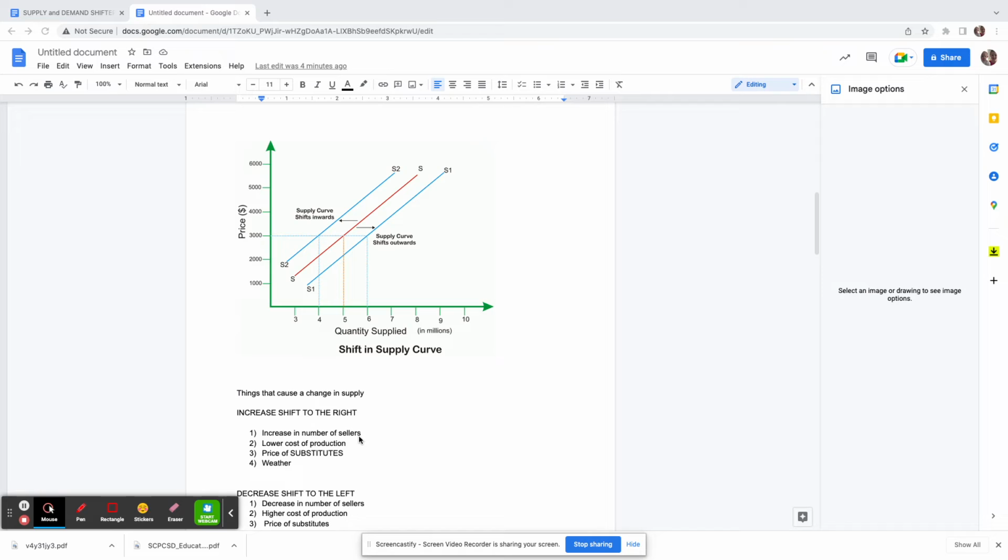Prices of substitutes. If the price of a substitute rises or falls, that's going to change your supply, because people are going to move to the cheaper option depending on what is happening to that substitute. Weather, right? That's pretty common. You have an apple farm and a tornado comes through and knocks out all the apples.